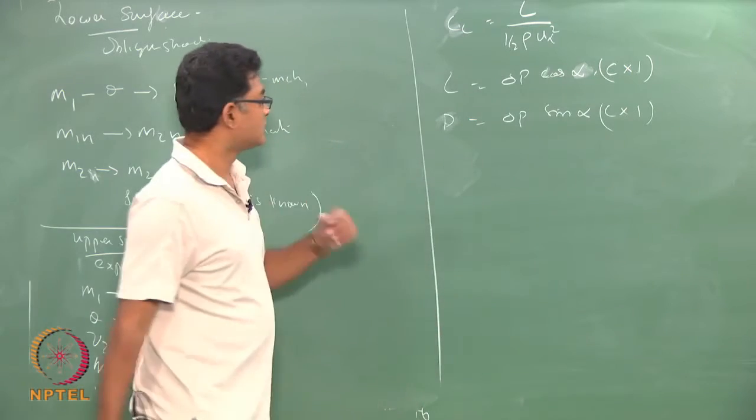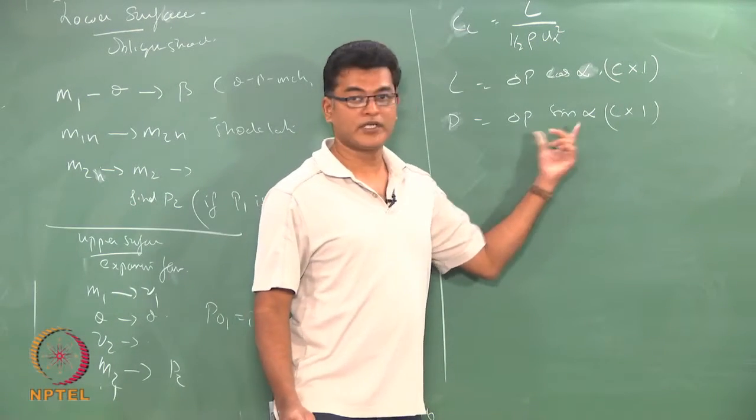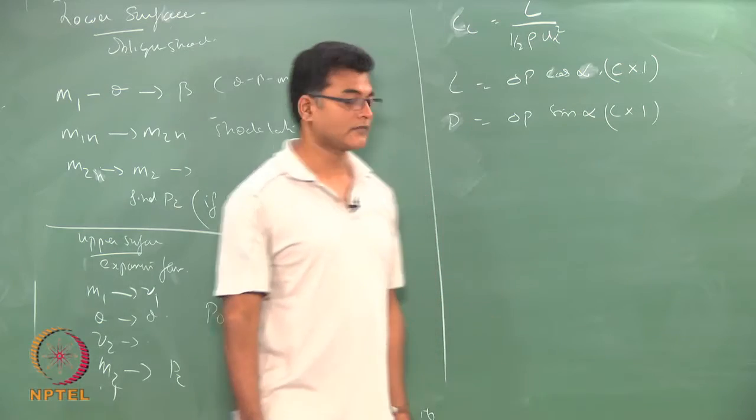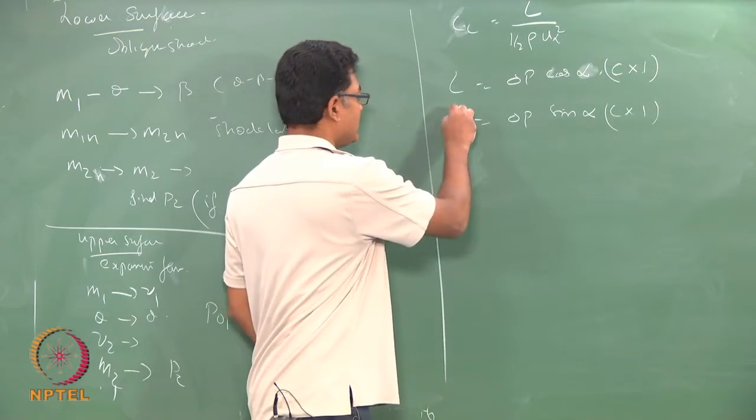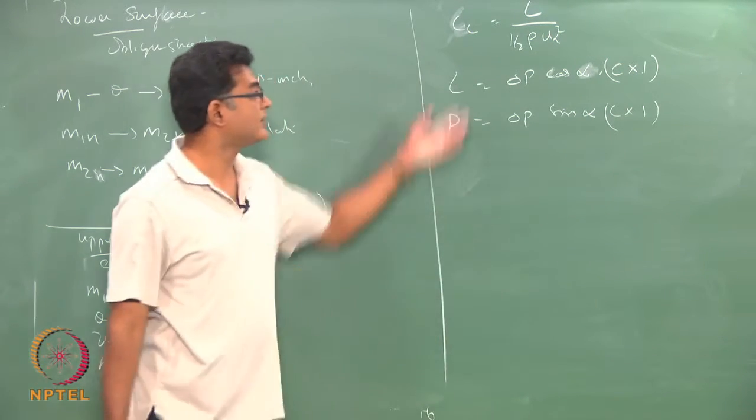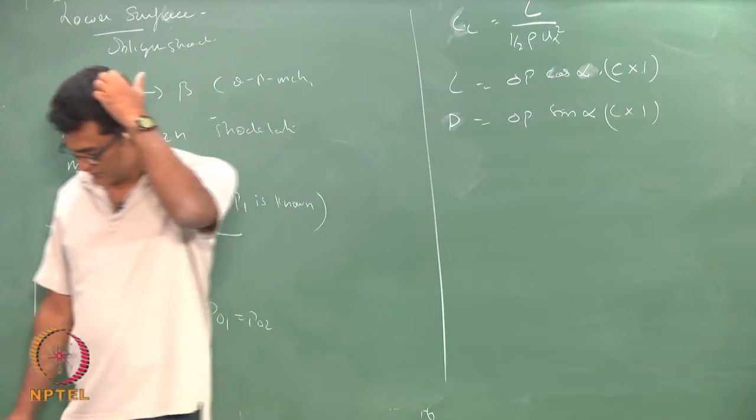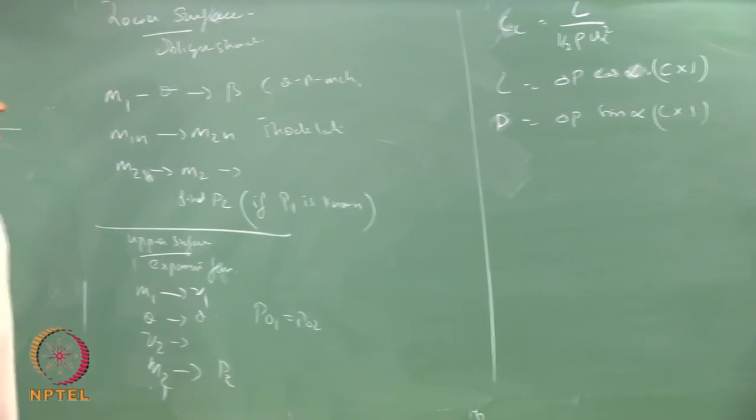So, this is the force per unit area multiplied by area. This would be the lift force and drag force, and you can find the appropriate coefficients if you know the density and velocity.